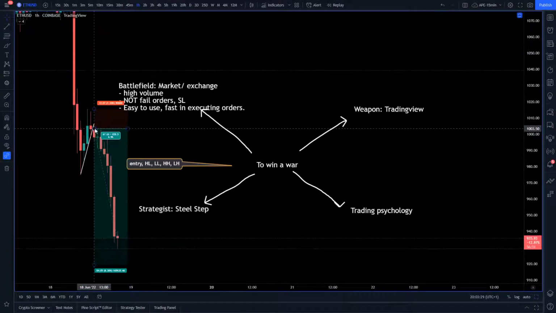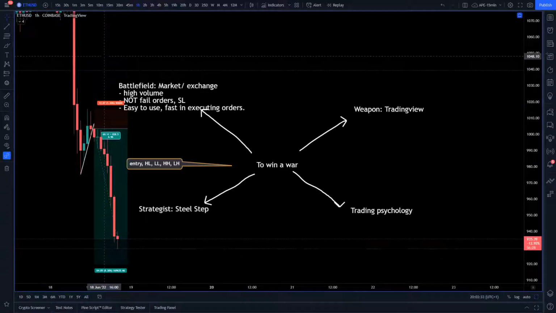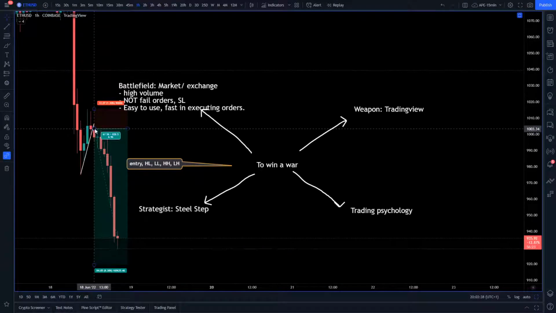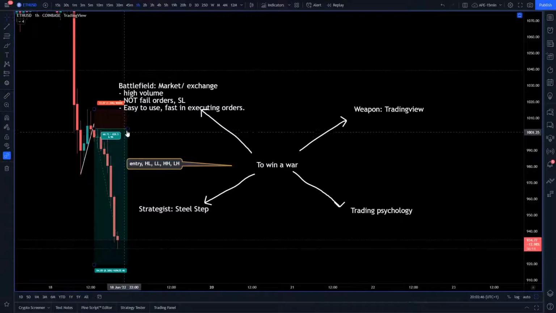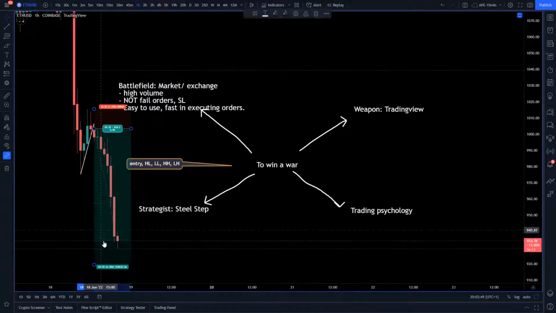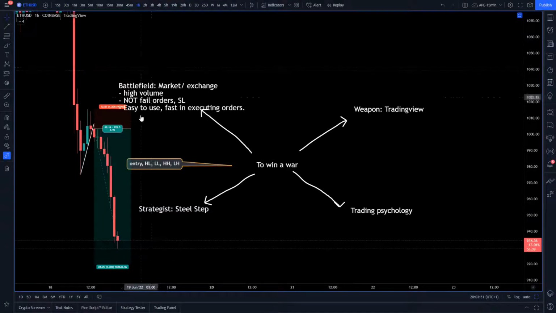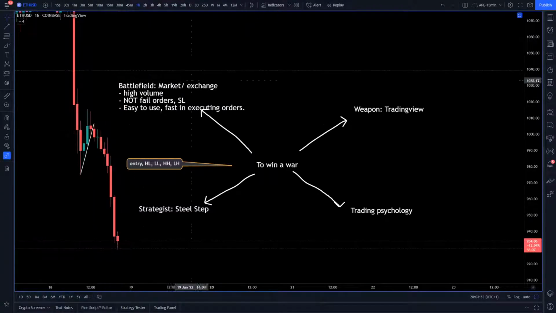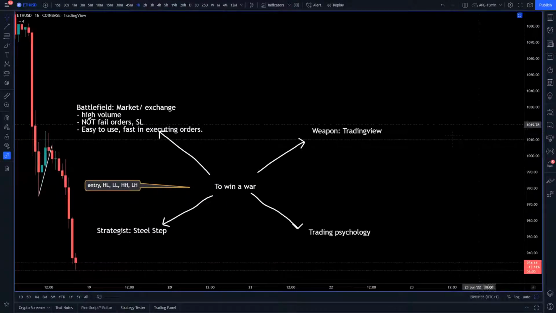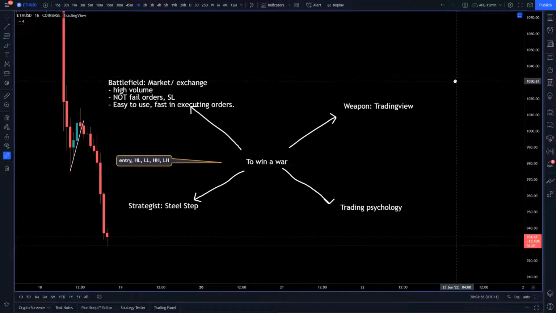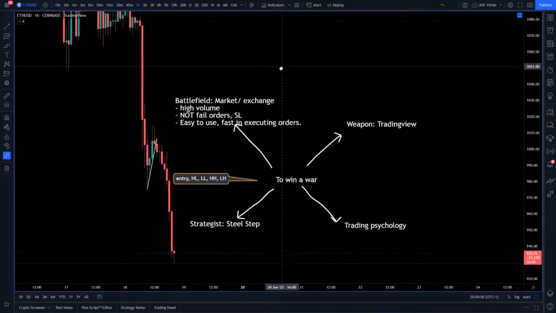And through statistics, it is proven that that entry will generate profit maybe 9 out of 10 times. So we have to follow and we have to know how to get there. Okay. And I think that's it about how to win a war.